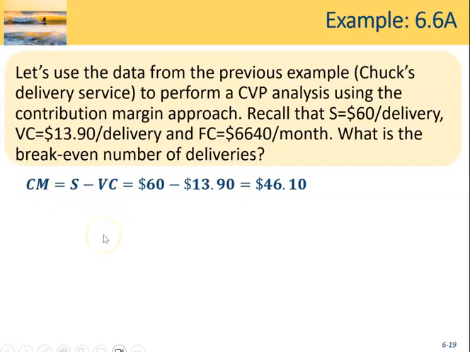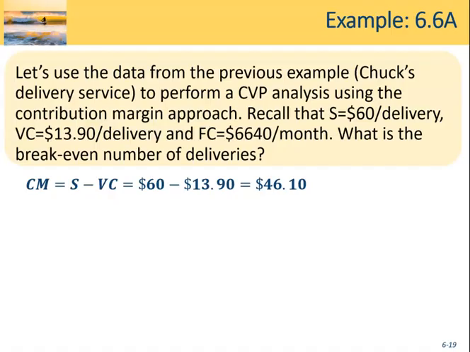So for every delivery we make, after covering any costs that are directly related to the delivery, the variable costs, what's left over is the contribution margin, and that contribution margin of 46.10 goes towards covering all of our fixed costs. So however many contribution margins we have, it'll go towards covering the fixed costs.